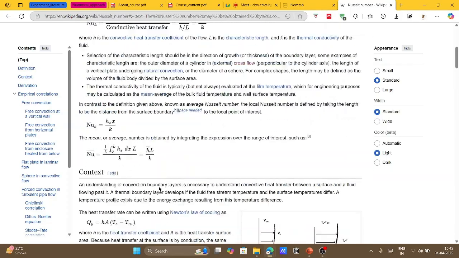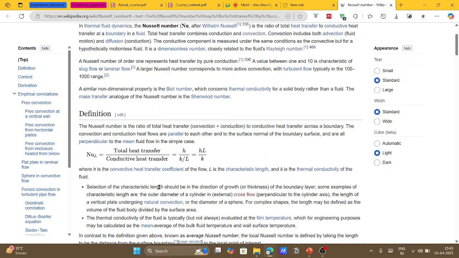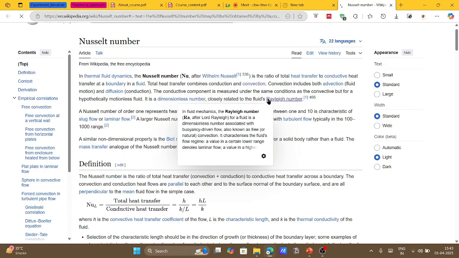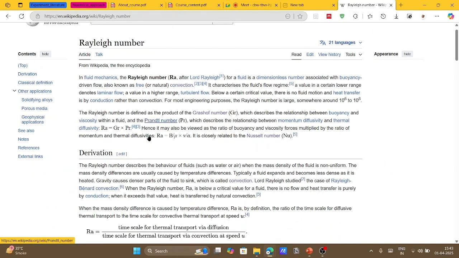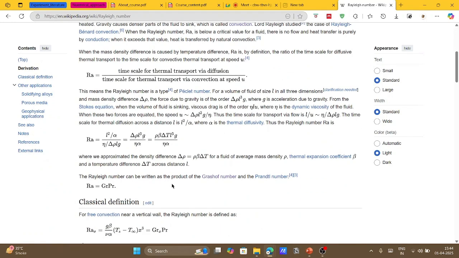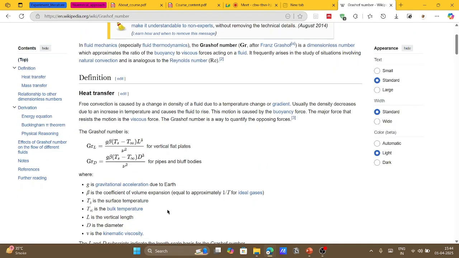Here you can also see the further definitions of other dimensionless numbers. Let's say if you want to see what the Rayleigh number is, go to its reference and check it out. I haven't gone into the equation part here, but if you want to see the Grashof number and its equation, you will find it here.